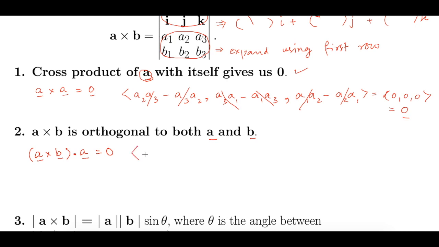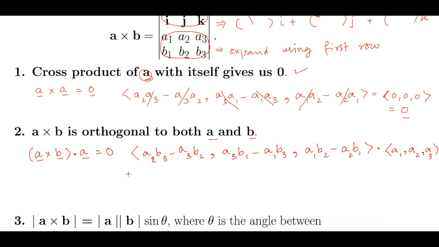Again, writing it down, we get A2 B3 minus A3 B2, A3 B1 minus A1 B3, A1 B2 minus A2 B1, dot product with A1 A2 A3.